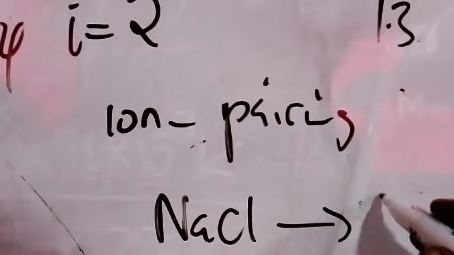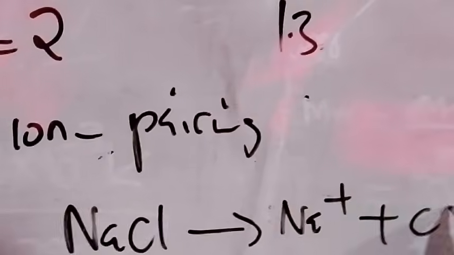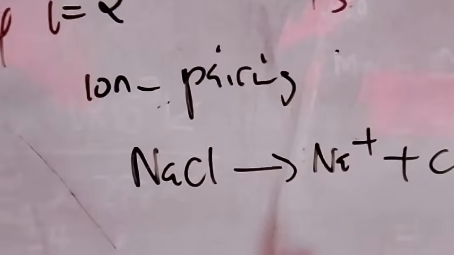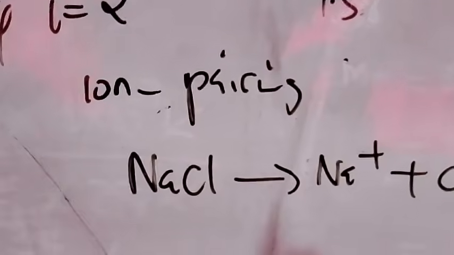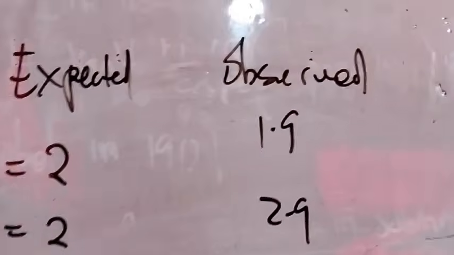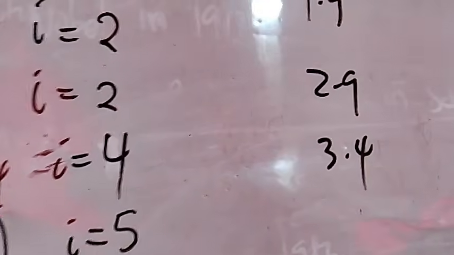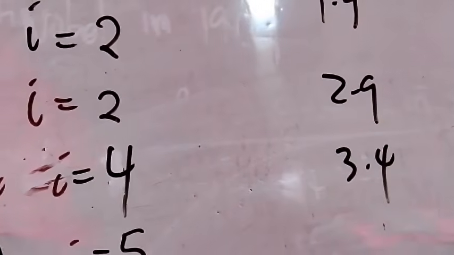When the ions dissociate in solution, for example sodium chloride will dissociate to form sodium ions and chloride ions, some ions can pair and be counted as one. That is why the observed is lower than the expected.